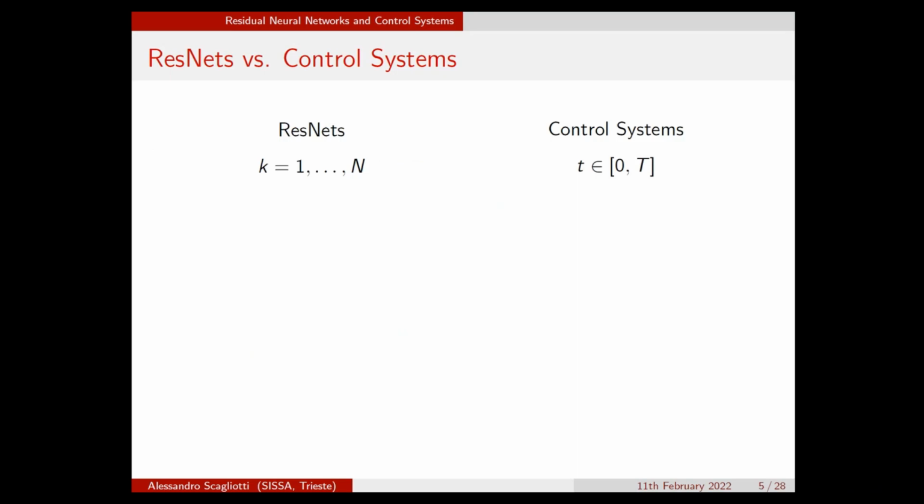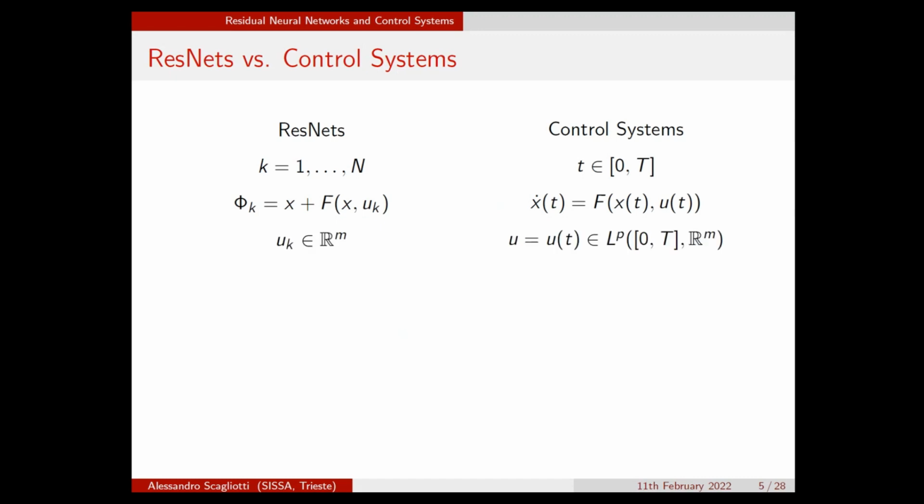Okay, so let's explore this parallelism deeper. In the residual neural network, the time is discrete, and essentially it is parameterized by the so-called layers of the network. On the other hand, the control system is a continuous time dynamical system, and therefore the time takes values on a compact interval [0, T]. Then the key ingredients of the residual neural networks are the elementary mappings Φ_k, while in the control system, the key ingredient is the parametric dynamical system.